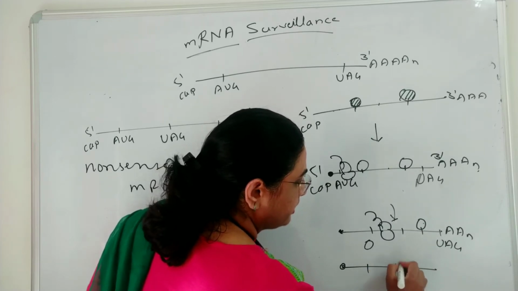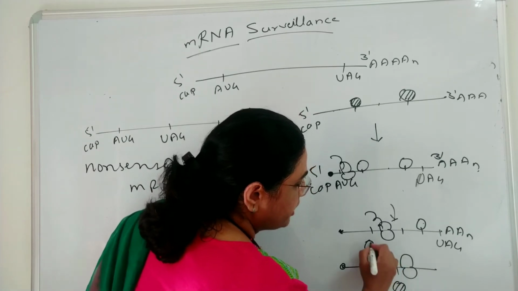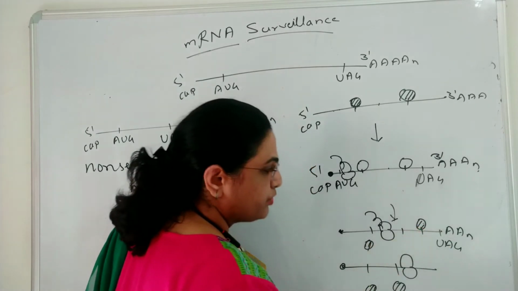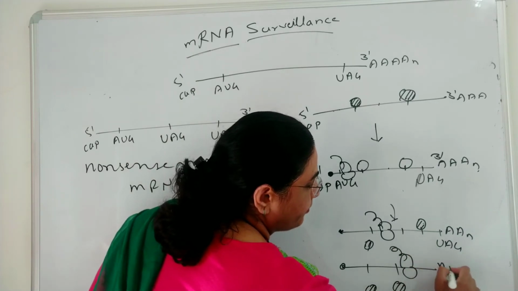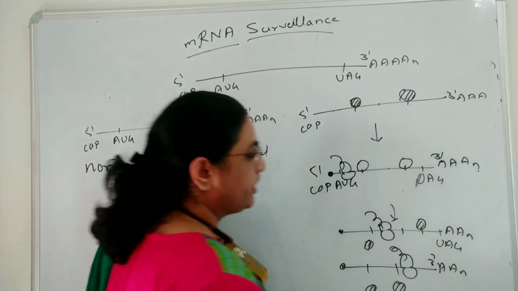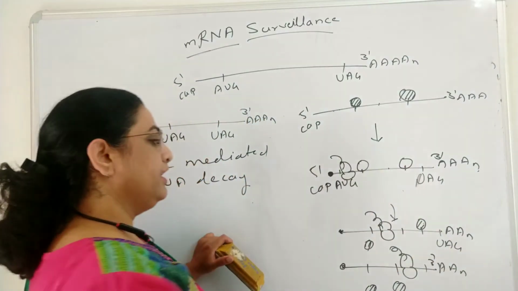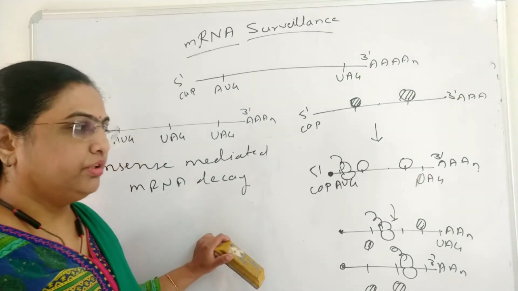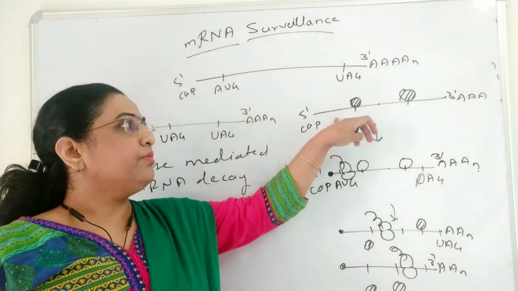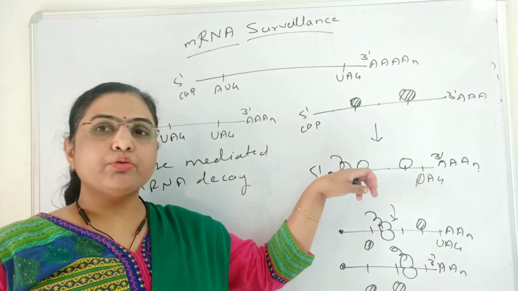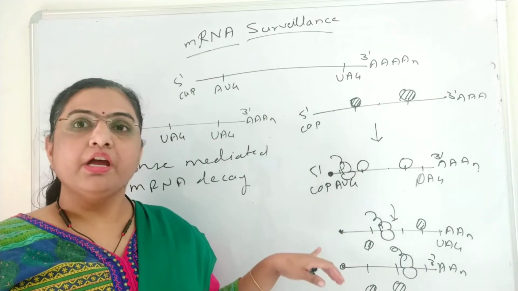Both exon junction complexes are removed, and now it is going to be at the stop codon, and then there is a release of the ribosome. This is going to happen in the normal case: as the ribosome passes the exon junction complex, it is released.